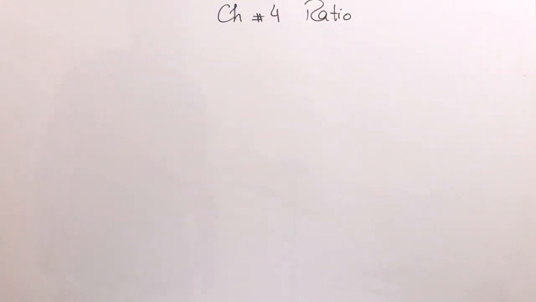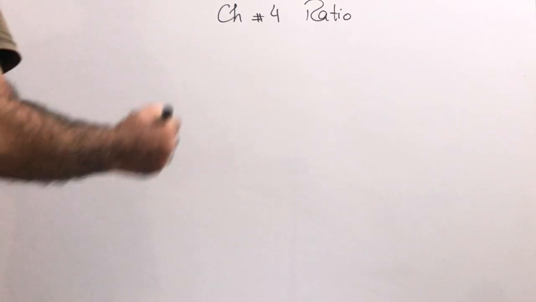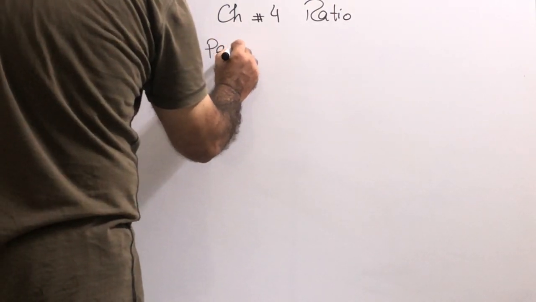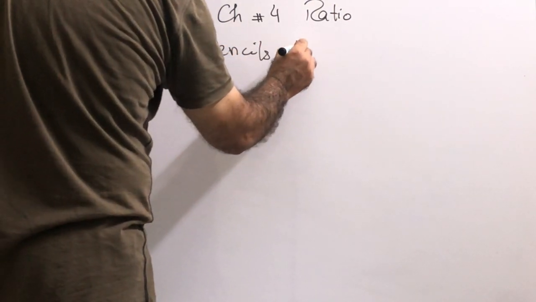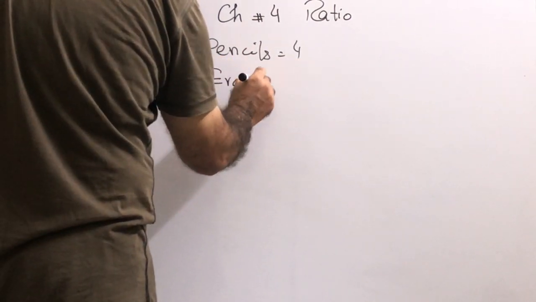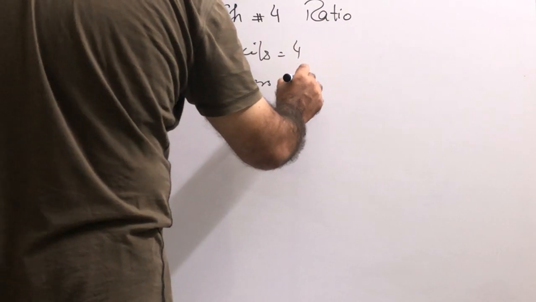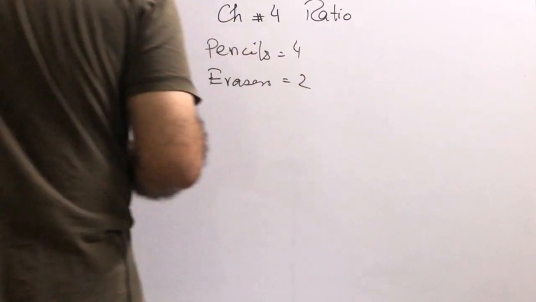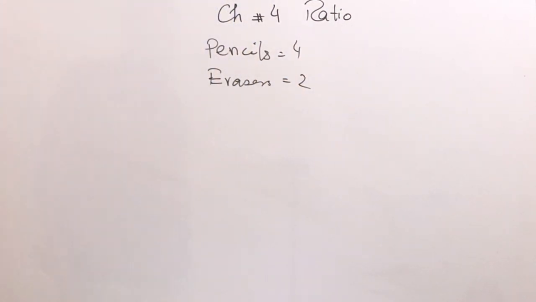There are 4 pencils and 2 erasers in a pencil case. There are pencils, it is given 4, and erasers, it is given 2. These in a pencil case. So the ratio of the number of pencils to the number of erasers.